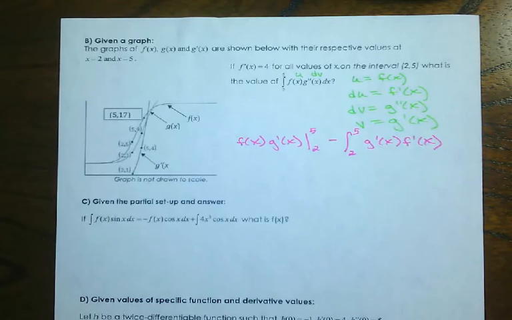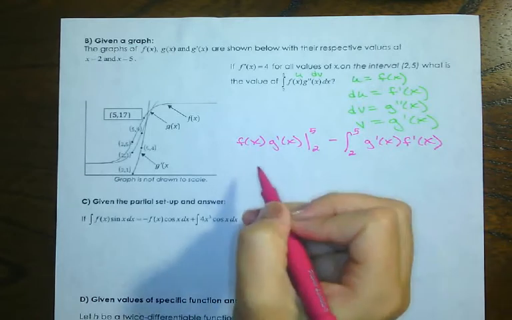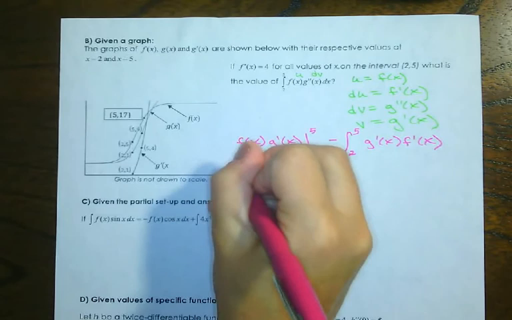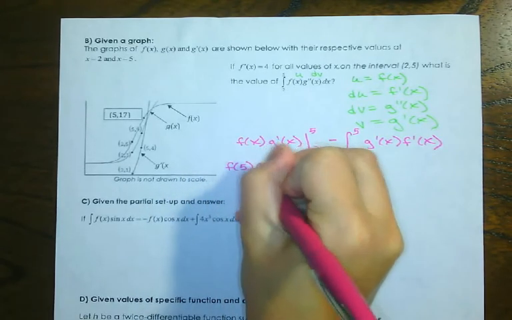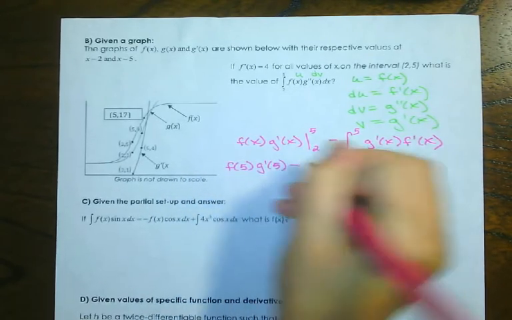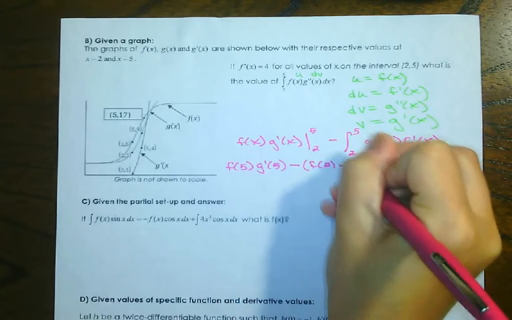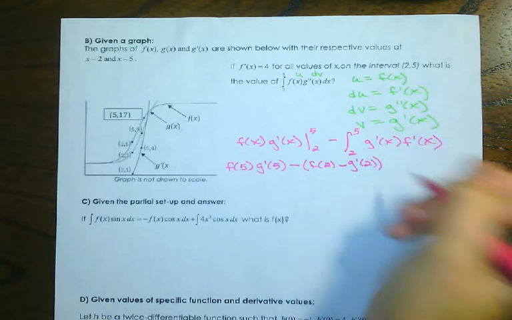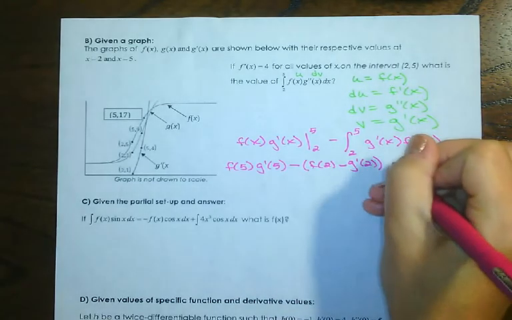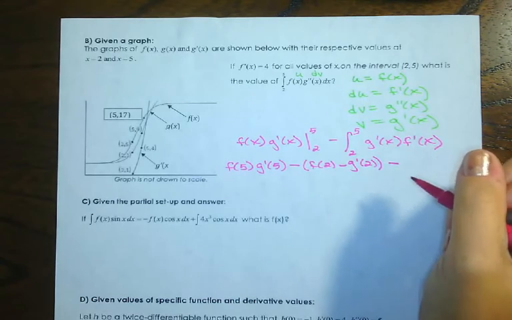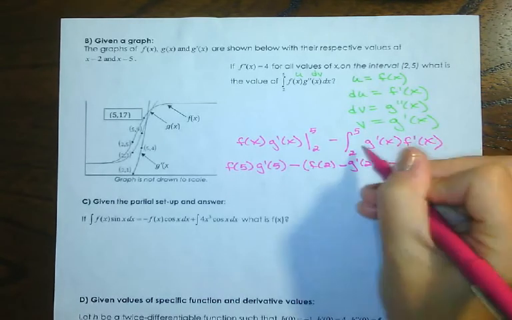Okay, let's see what we can do with this. If we apply the fundamental theorem over here, you end up with f of 5, g prime 5, minus what you get when you plug in 2, so that'd be f of 2, g prime of 2. And then you've got minus, well, what am I going to do with this part over here?